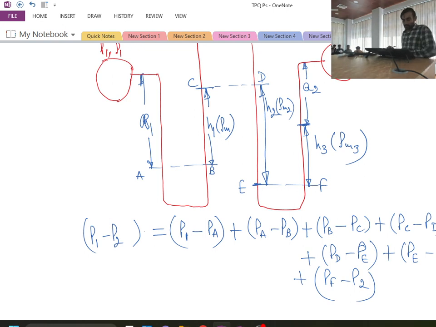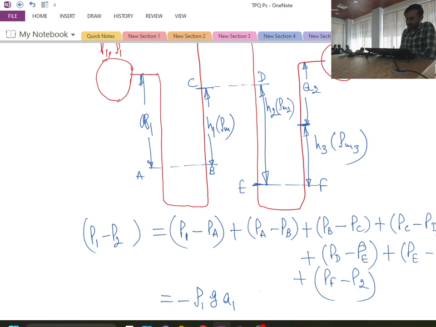Now tell me, what is P1 minus PA? P1 is here, PA is at this point. So P1 minus PA is nothing but minus rho 1 g a1. Can you tell me why I have put a negative sign over here? Because PA will be greater than P1. Then A and B cancel out directly. What is the difference of pressure between B and C?